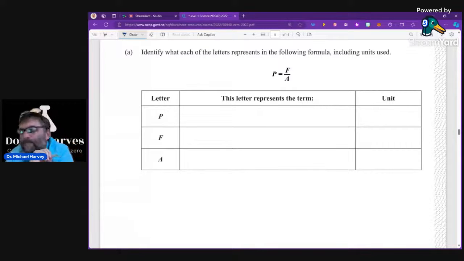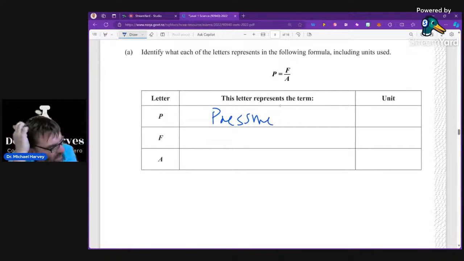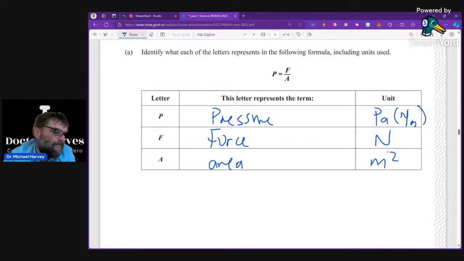So capital P, this letter represents the term of pressure, and the units are pascals or Newton over meters squared. That's also allowable. F is force, which we've looked at in question 1 and 2 already, and the units are the Newton. And A is area, and remember, it's always in meters squared.